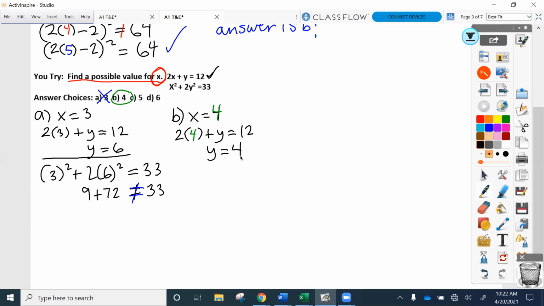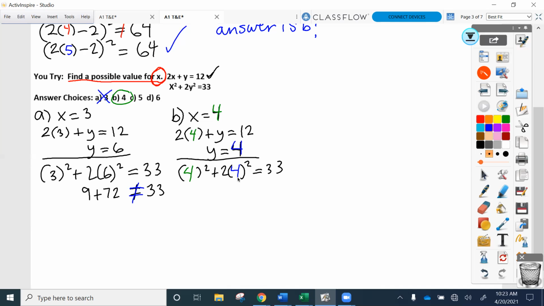All right, so if we check that in the second equation, x squared plus 2y squared is supposed to equal 33. Well, we know our x is 4 because we're trying option B. And when x is 4, y is 4.